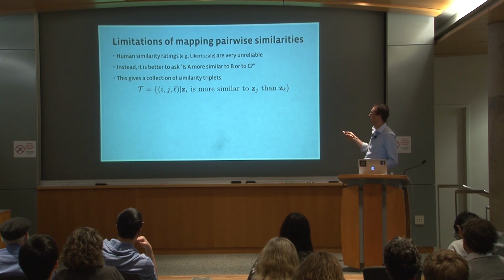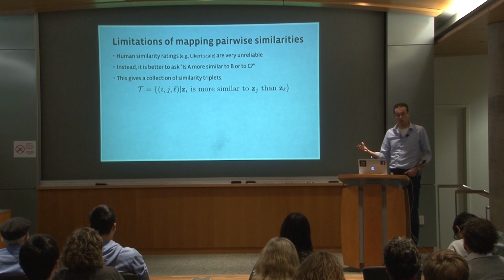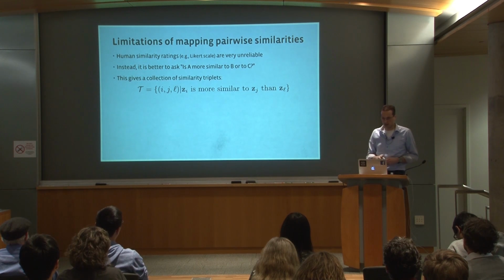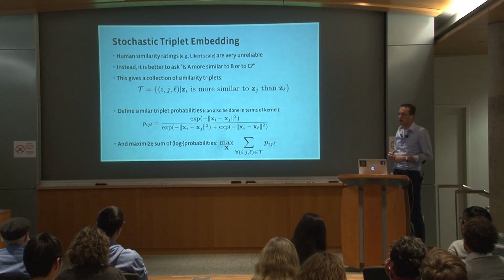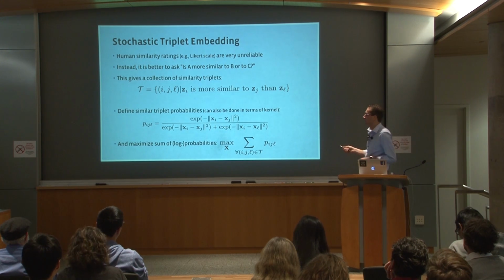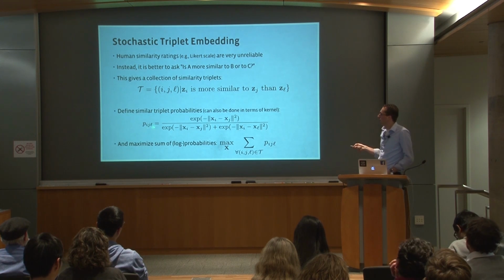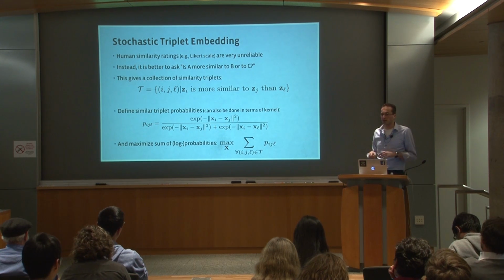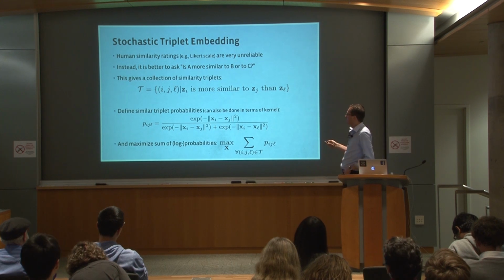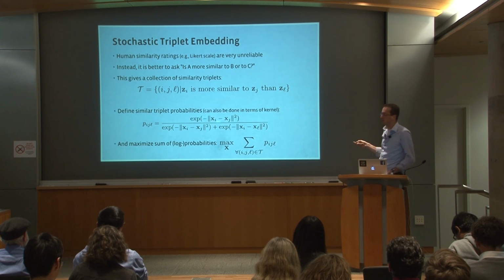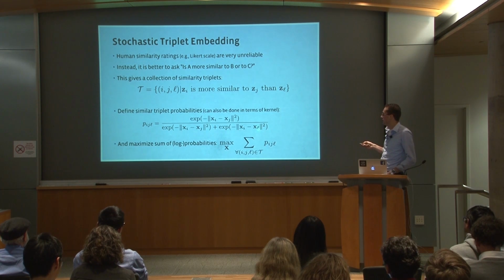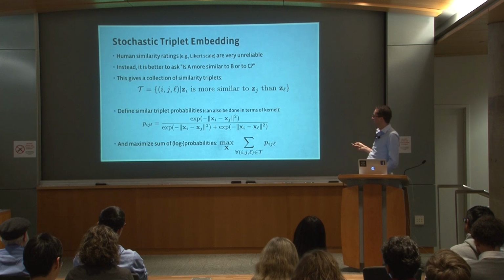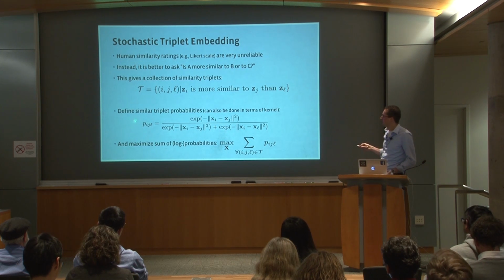Can we learn a representation for A, B, and C that we can show in a map based on these similarities? The idea is similar. In this case, we define a distribution over triplets IJL, where we measure the similarity between I and J, and divide that by the sum of the similarity between I and J and I and L. So this will be large if I and J are very close together, right?